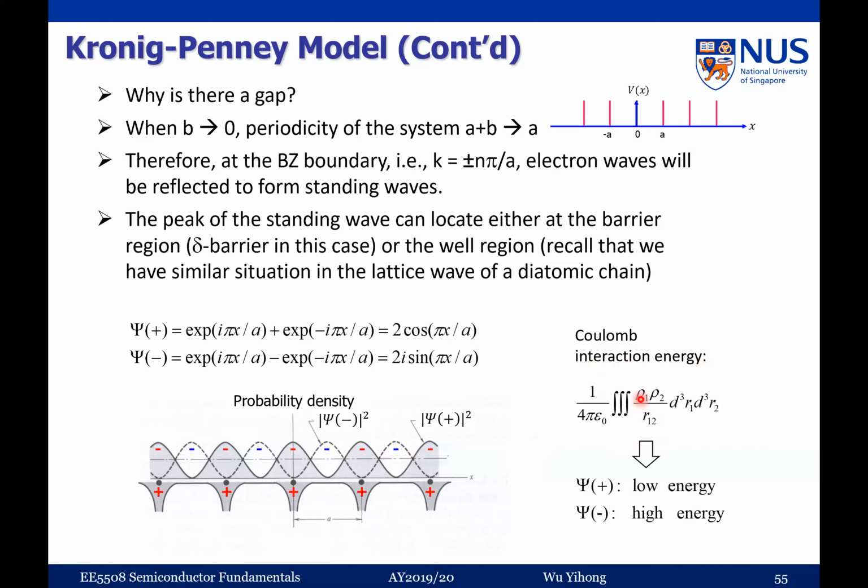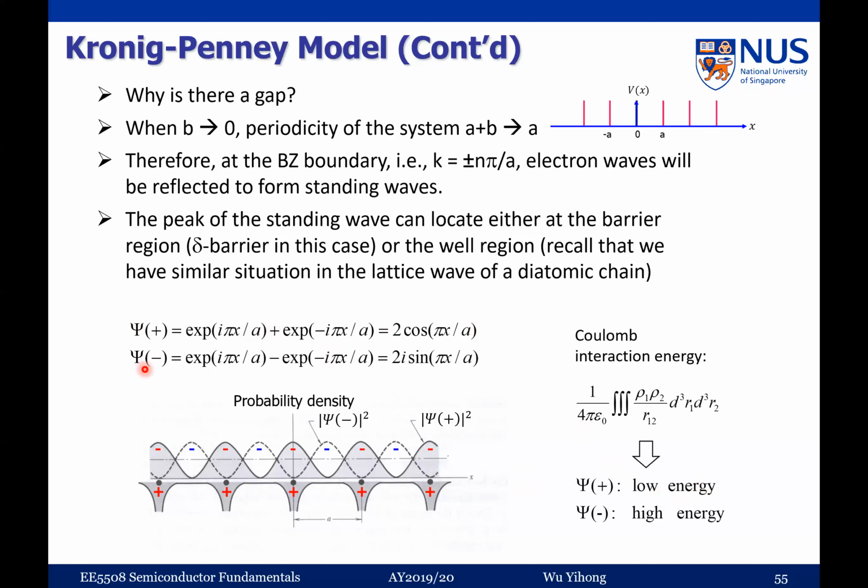If you have two electron clouds, one with density ρ1 and the other ρ2, the Coulomb interaction energy is given by this. Since it's an electron distribution, you have to do the integration over the entire volume. Now, if ρ1 is positive and ρ2 is negative, the overall interaction energy is negative, so this will give you a low energy. That's basically the bonding state.